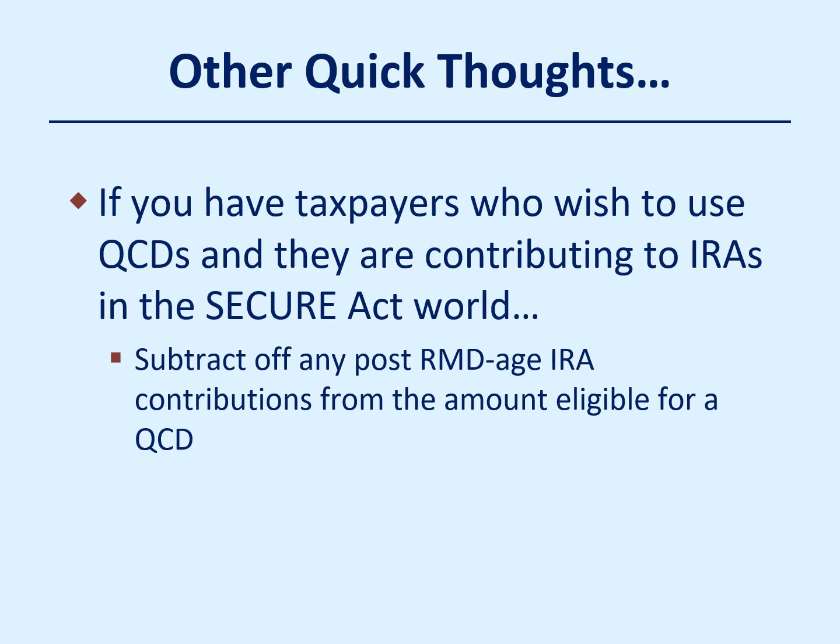So it's as if they don't exist. You may have to subtract off the contributions and more than likely the earnings from that overall balance that would be eligible for QCD. So simple answer is subtract off any post RMD age IRA contributions from the amount that would be eligible for a potential QCD.